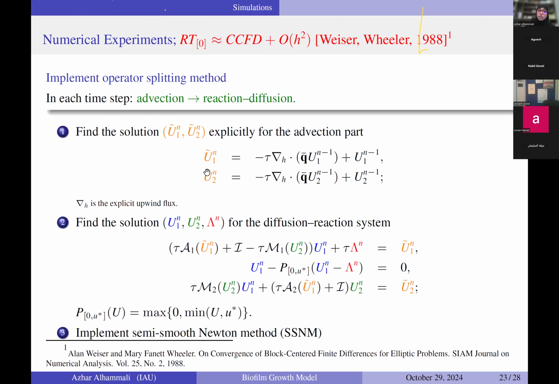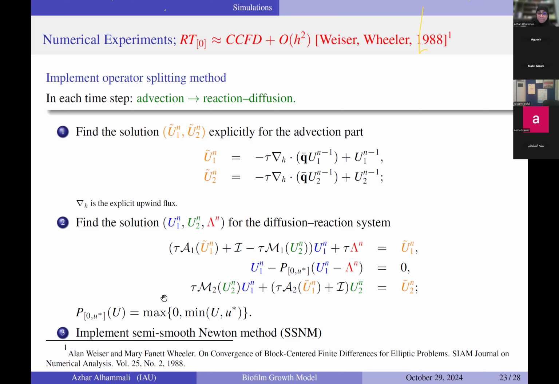Once we get the solution, we plug it into the reaction-diffusion part. The reaction-diffusion part can be written in this computational form in terms of lambda, as I mentioned earlier, and it also involves this equation that involves this semi-smooth function. Now we need to solve this system in terms of U1, the biomass, the nutrient, and lambda.